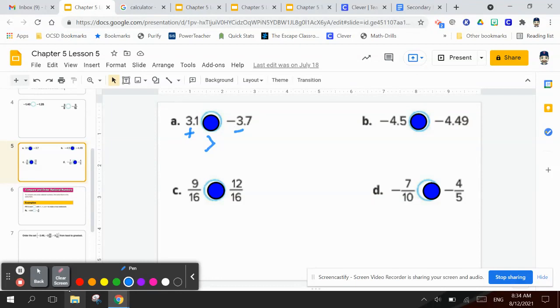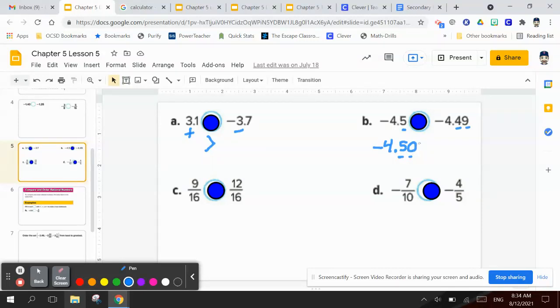Letter B, negative 4 1/2 and negative 4 49 hundredths. So they're both negative, they're both decimals. This side has two numbers after the decimal. This one only has one. So what we can do is change that by simply adding a 0 to give me two digits after the decimal, and it doesn't change the value.